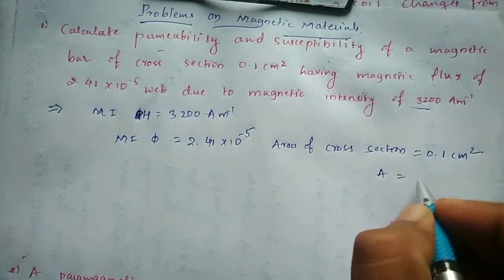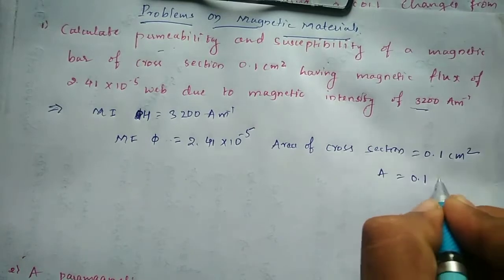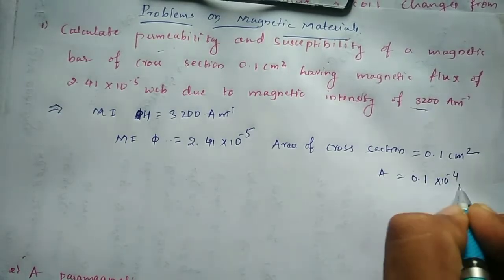So you have to convert into meter: 0.1 into 10 to the power minus 4 meter square.